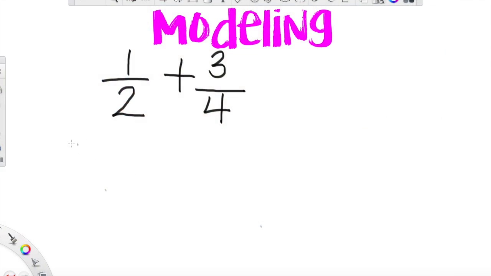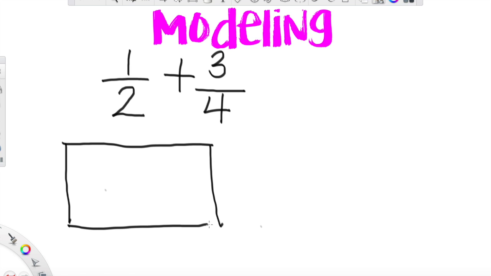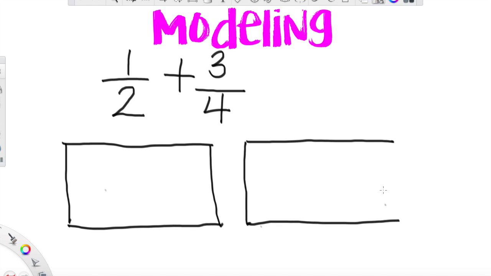So, quick review of the strategy that we're using. When we are looking at 1/2 plus 3/4, if we are modeling as a strategy to find a common denominator, we are going to model both the 1/2 and the 3/4.